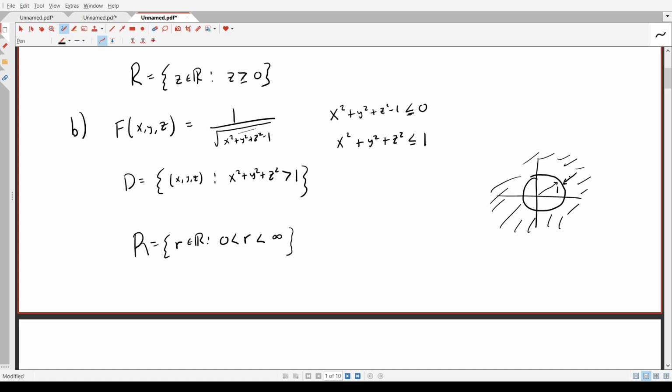And as we go this way, if I go way, way out, it's going to be going to 0. So the possible outputs from this function are going to be all of the possible numbers between 0 and infinity.